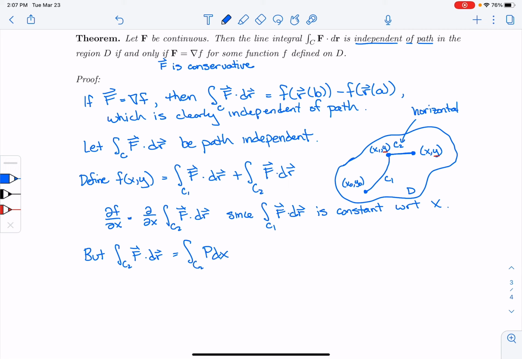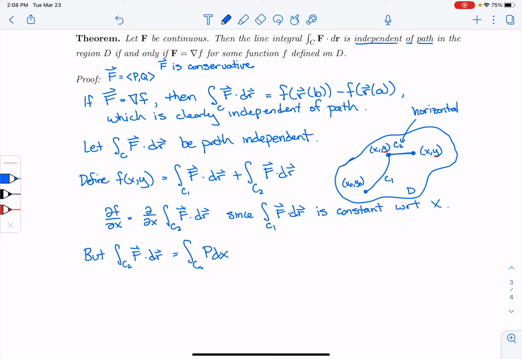Something that I did not mention is that F should have been listed as PQ. So here I'm going to let F be PQ. P is the first component, Q is the second component.